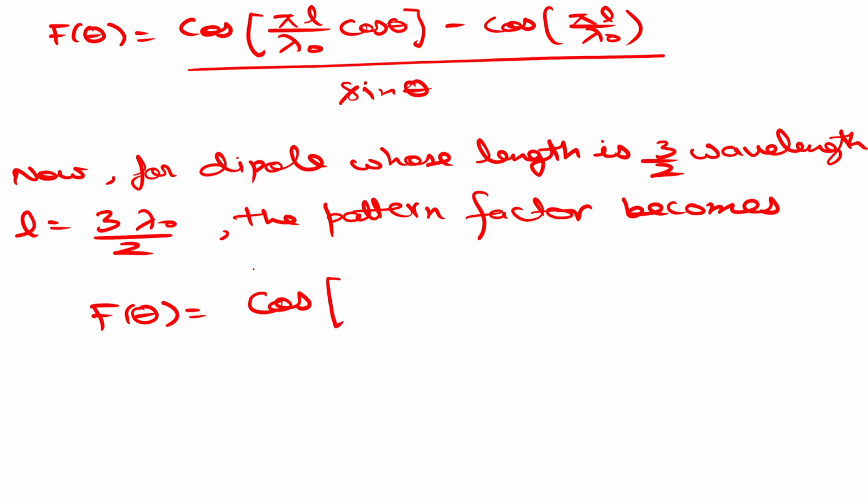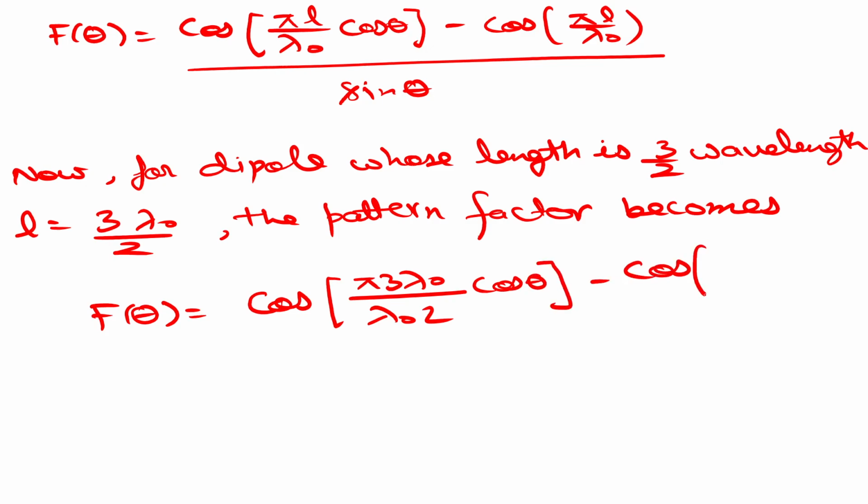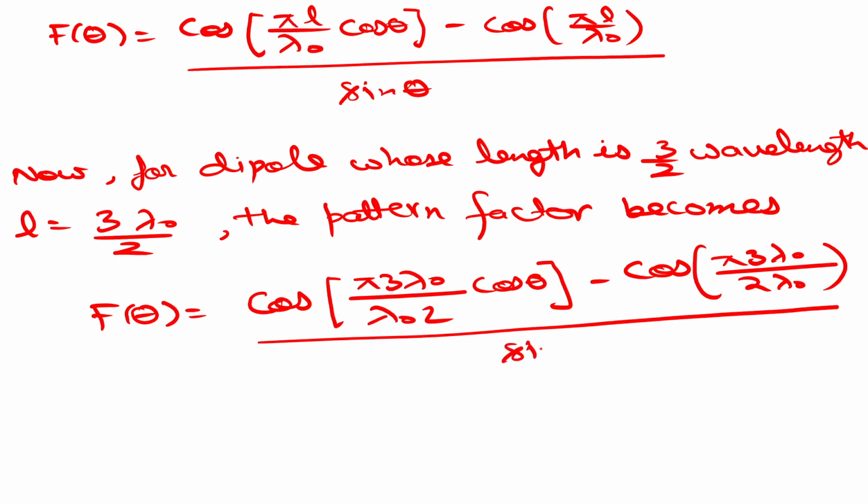So when we do that, we will get 3 lambda naught divided by lambda naught into 2, cos theta minus cos 3 lambda naught by 2 lambda naught, and in the denominator it is sin theta.